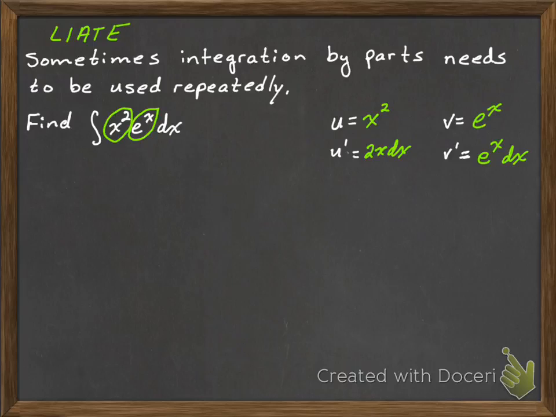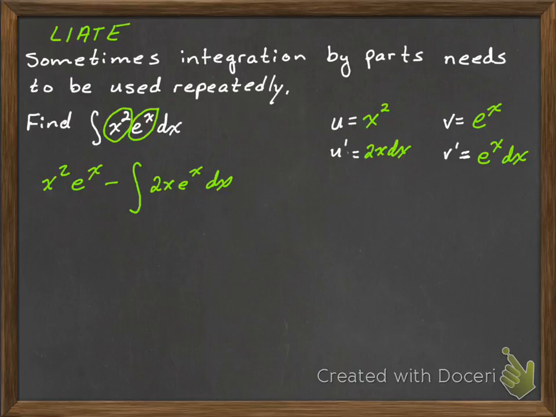Substituting into our formula, which is u times v, that will give us x squared e to the x minus the integral of v du, or v u prime. That is going to give us 2x e to the x dx.